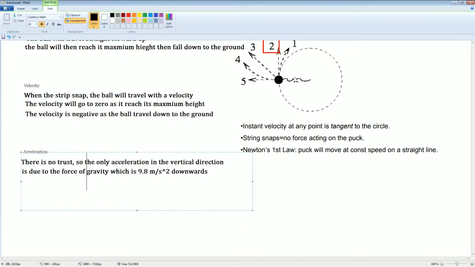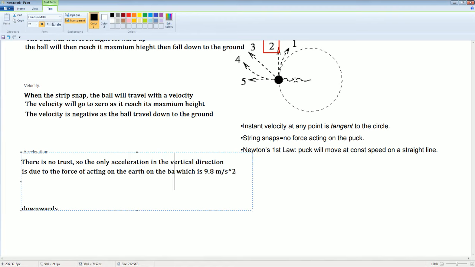You could say the force of gravity, or you could say the force of the earth acting on the ball.